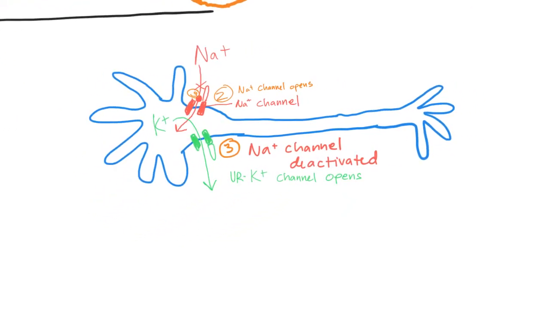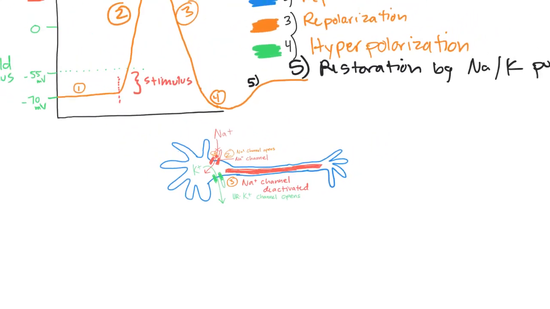So at rest, this whole part of the neuron is in a resting state. But once our cell body and then the axon hillock has been stimulated, it's going to go through the different stages.